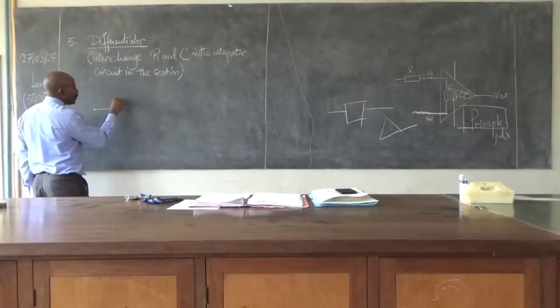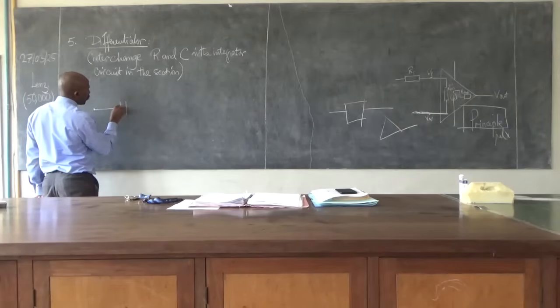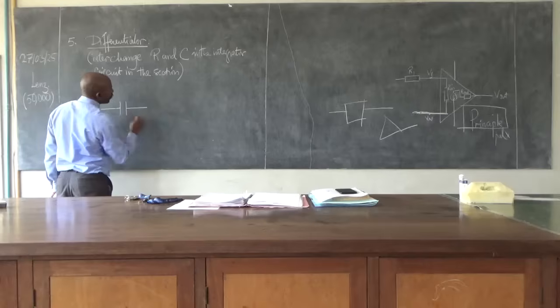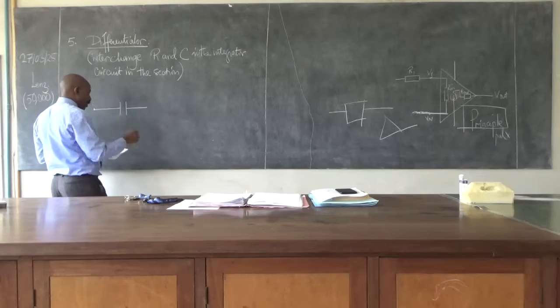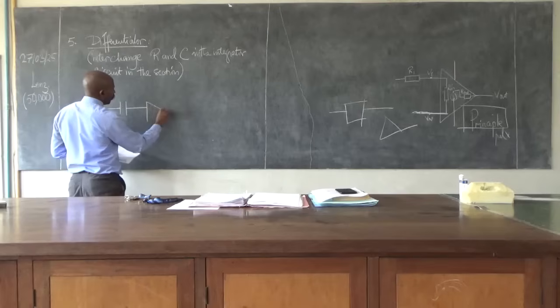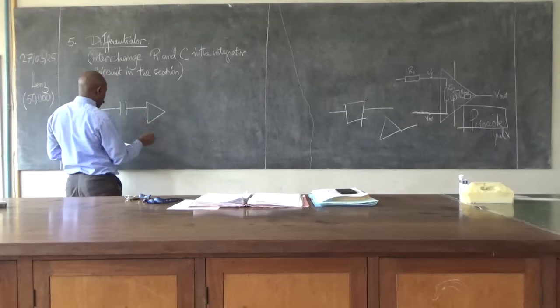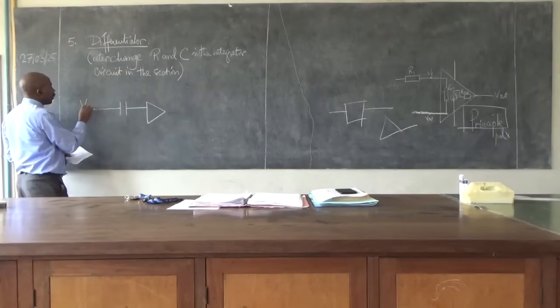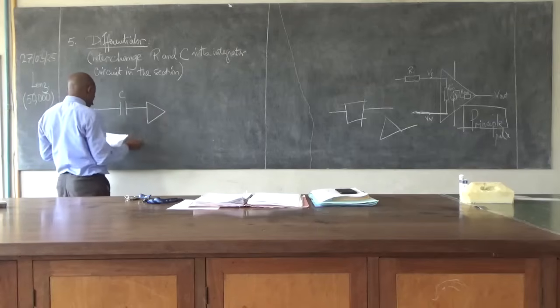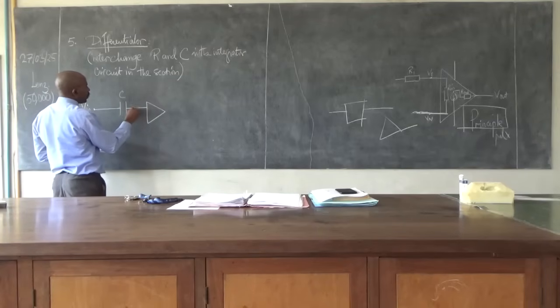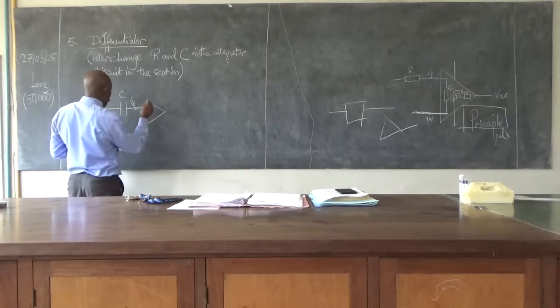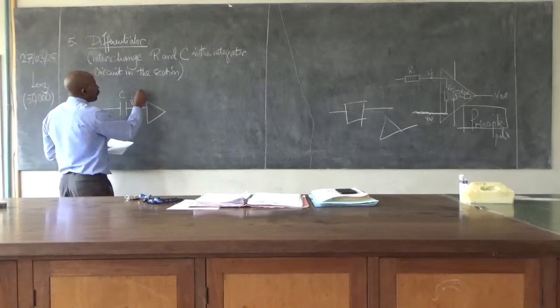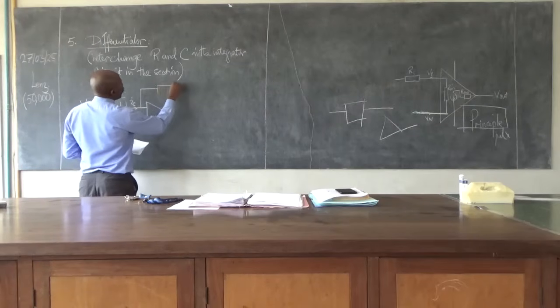Capacitor symbols are two equal lines, sometimes both bolded, looking like the negative of the battery. And then you have this input V in through C, the capacitance, current, and then we have the feedback going through a resistor.